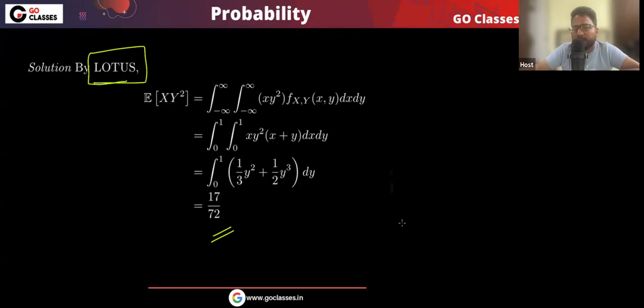I think the full form is law of the unconscious statistician, something like this. So this says that if you want to find the expectation of a function of a random variable, then you put that function of the random variable directly, right?